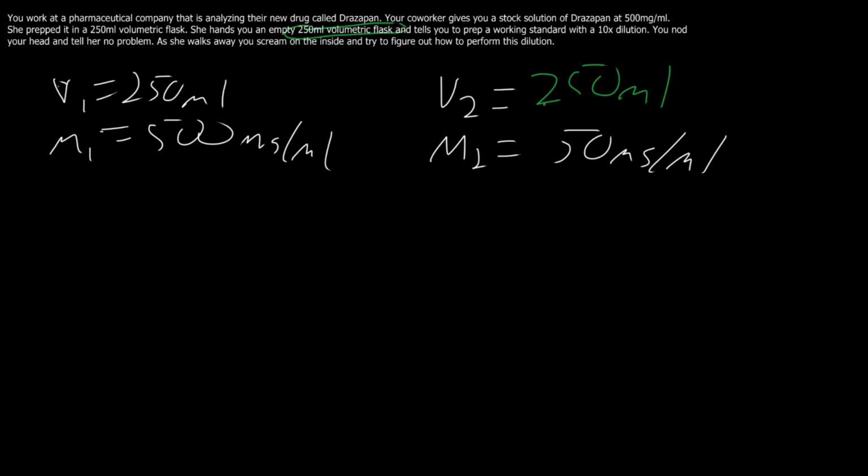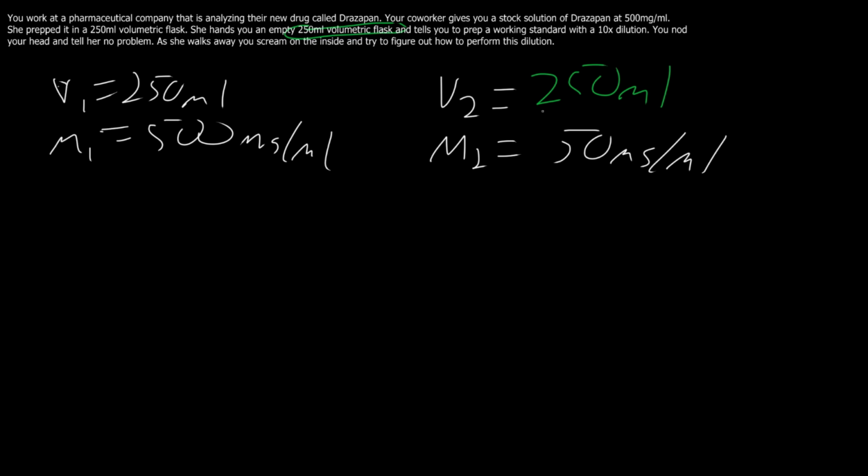And this kind of makes sense because if we diluted this from a 10x, this would be 2.5 liters. That would be massive walking around with these volumetric flasks, and we'd be wasting a lot of chemicals that cost a lot of money. So we can't just do our typical M1V1.